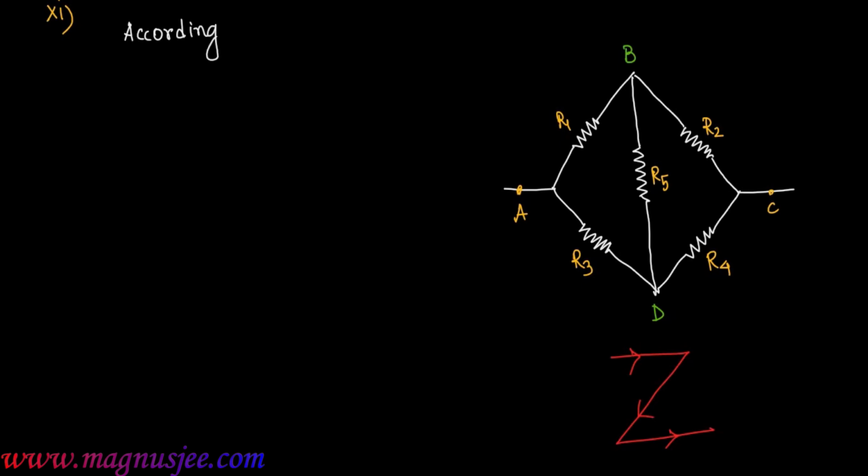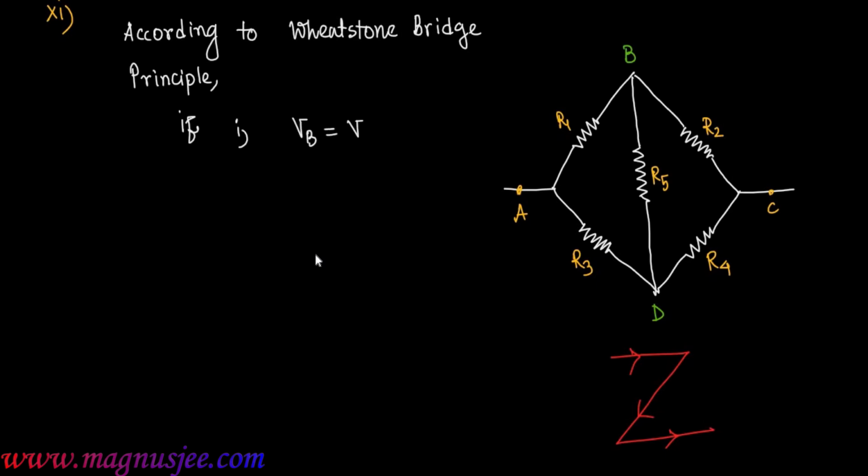According to the Wheatstone bridge principle, number one, VB equals VD, that means the potentials at the 2 points B and D are the same.